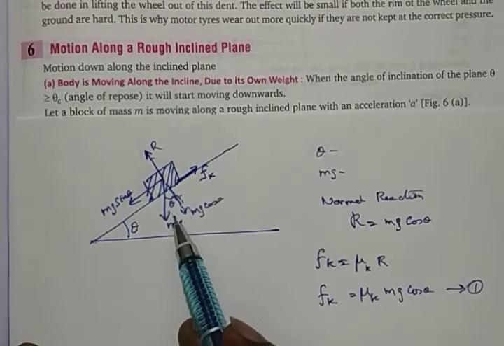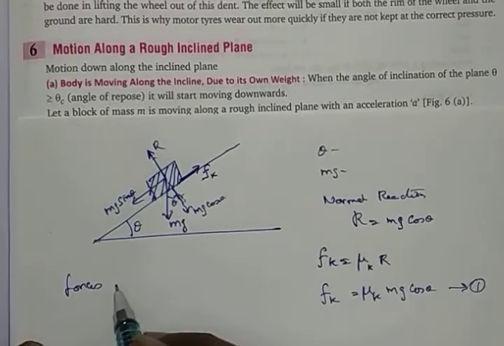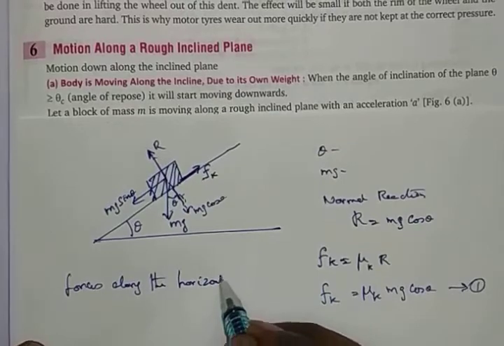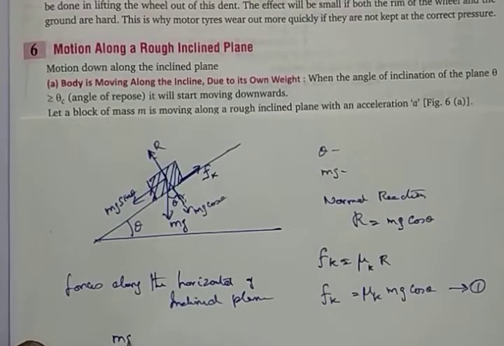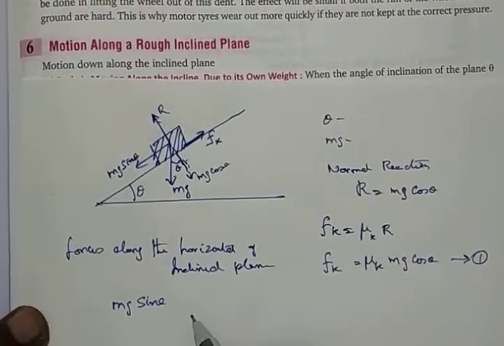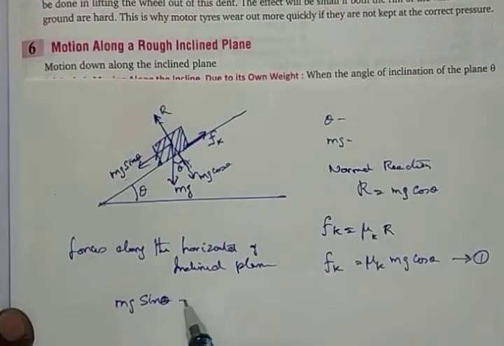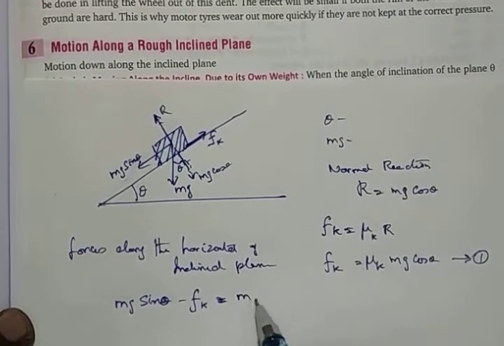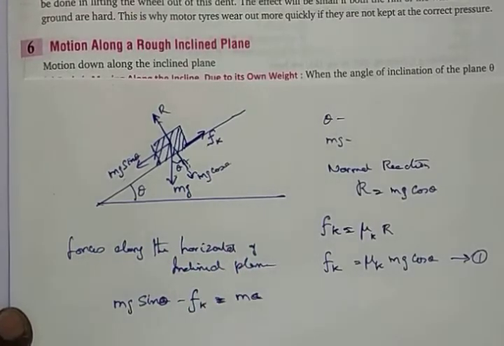Now taking the forces along the inclined plane. mg sin theta is acting in this direction, and opposite, what is the value? mg sin theta minus Fk is equal to mass into acceleration, which is the actual movement of the body, the way in which it moves.